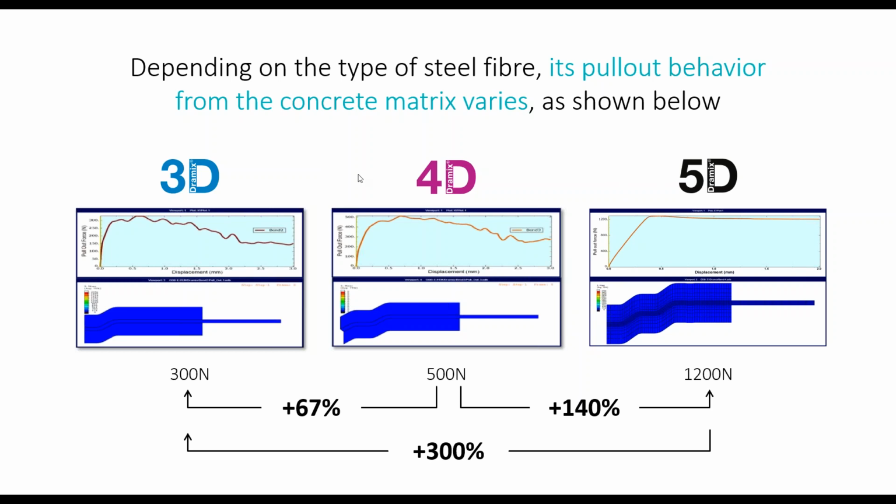Maybe someone will ask what the differences are between the 3D, 4D, 5D, and why they are using this terminology. In fact, the name is linked to the form or the shape of the fiber.